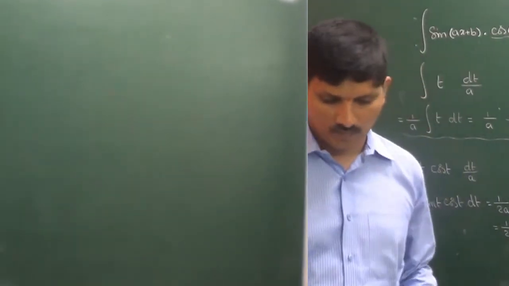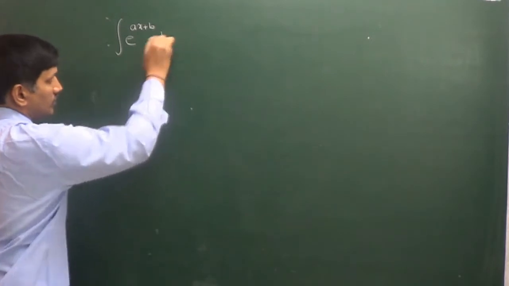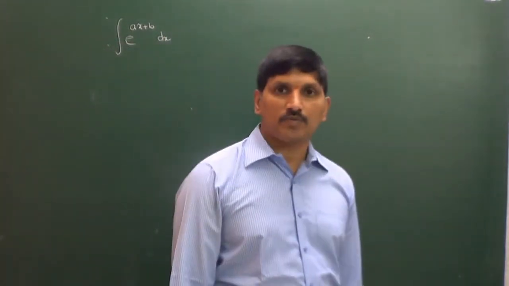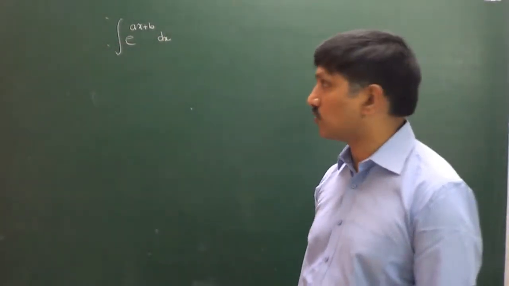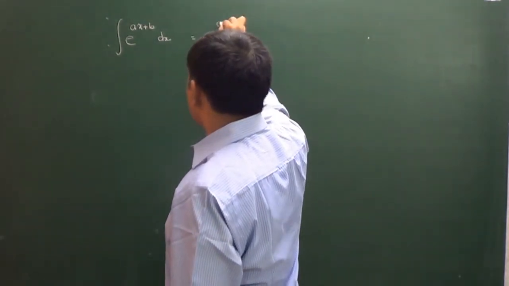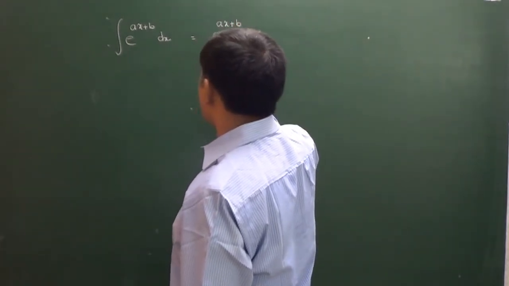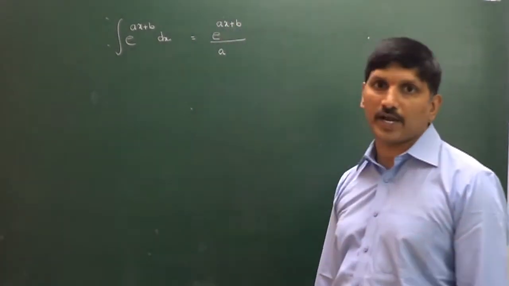Right. Observe here. Suppose we want to find out the integration of e power ax plus b. This we can directly write as e to the power of ax plus b, divided by the inner function differentiation.